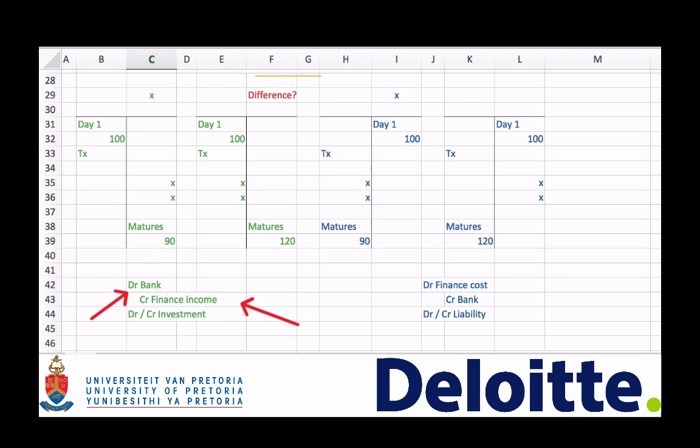And then if you have a difference between those two, between your effective interest rates and profit and loss, and between your cash flow and bank, that amount is taken through to the investment account. And that represents these adjustments to get our opening balance eventually down to what it's going to be settled for at the end of this debenture.